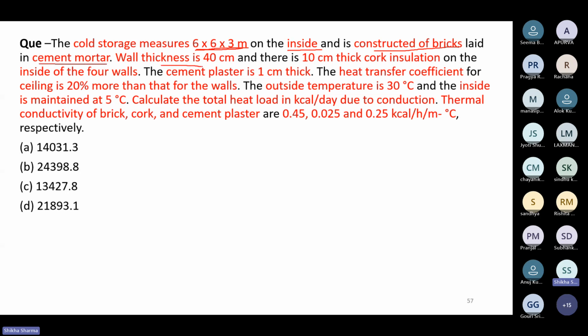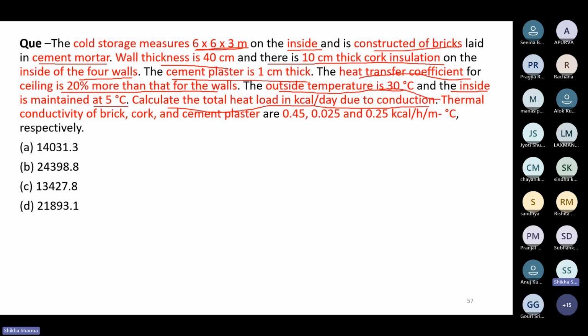The wall thickness is 40 centimeter, and 10 centimeter is the cork insulation on the inside of the four walls. The cement plaster is 1 centimeter thick. The heat transfer coefficient for the ceiling is 20% more than that of the walls. The outside temperature is 30 degrees Celsius and the inside is maintained at 5 degrees Celsius. Calculate the total heat load in kilocalories per day due to conduction.